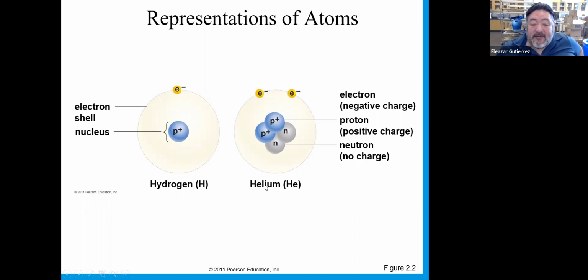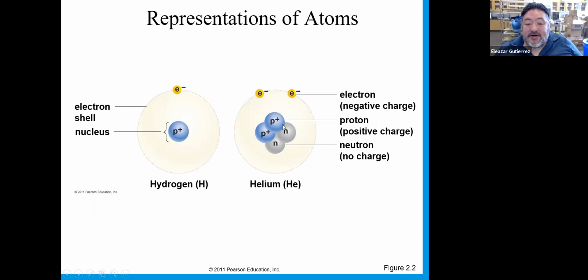So what's the atomic number for helium? It's 2 because it has two protons. The number of neutrons tells you the isotope. Those are other helium atoms that have different masses, but they are in fact helium because they have two protons.